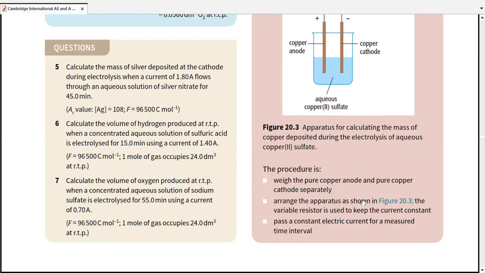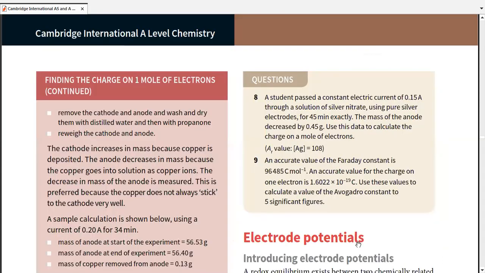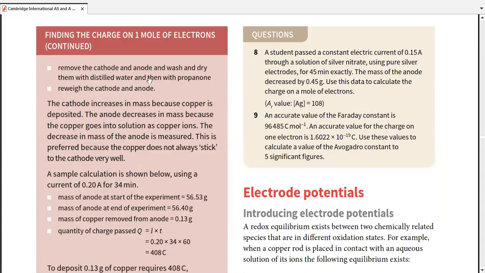Now, moving on, how do we do that? You'll come to know that in later steps. Pass a constant electric current for a measured time interval. Now, remove the cathode and anode and wash and dry them with distilled water, and then with propanone. First of all with water, then with something that is organic, and reweigh the cathode and anode.